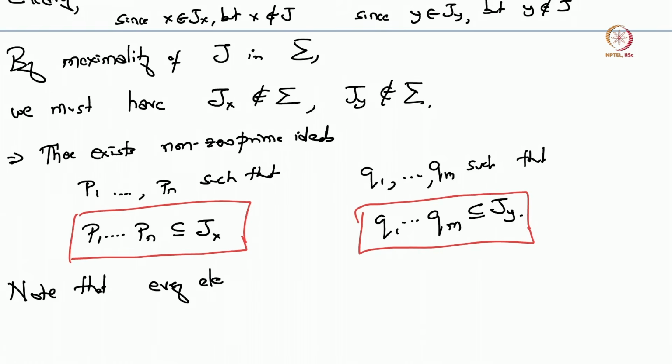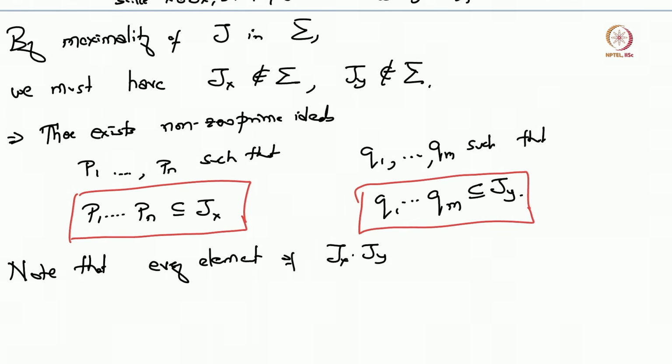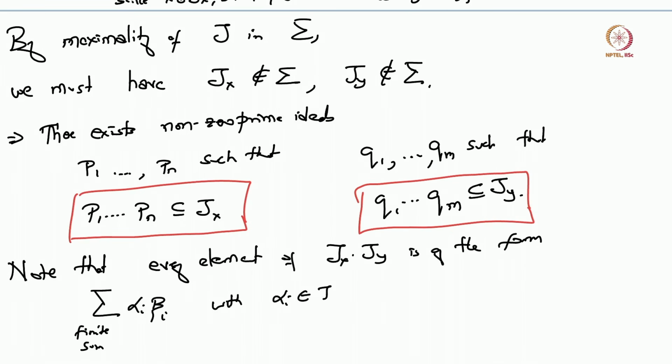every element of the product Jx times Jy is of the form this finite sum of alpha I beta I, where alpha I is in Jx and beta I is in Jy.